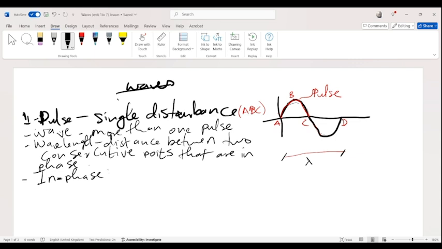The particles in a medium are in phase if they are vibrating perfectly.